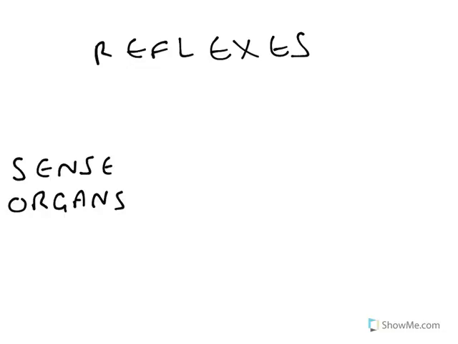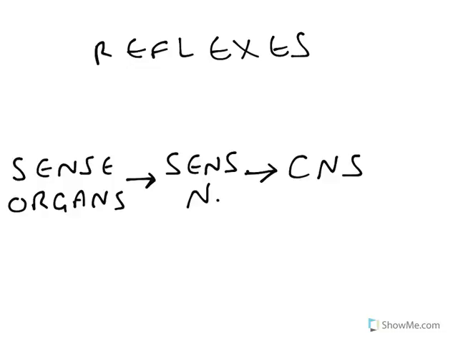So, for example, in this case, the sense organs might be structures that detect changes in blood pressure. These sense organs then connect to sensory nerves. So sensory nerves connect to the sense organs and collect that information, transporting it back to the central nervous system, which is where the processing of that information takes place.